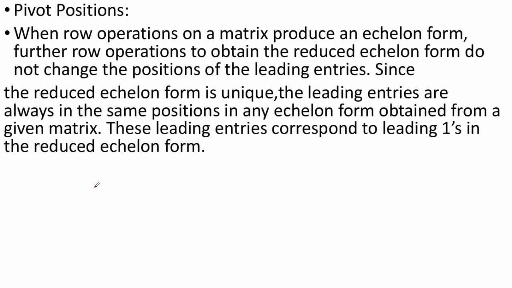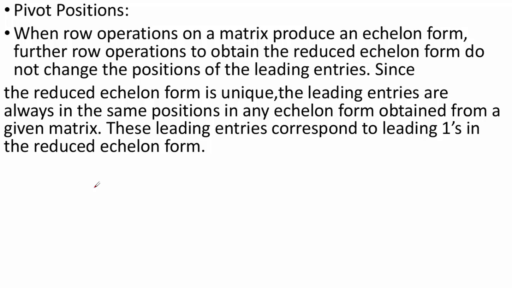Now we will define pivot positions. When row operations on a matrix produce an echelon form, further row operations to obtain the reduced echelon form do not change the position of the leading entries. Since the reduced echelon form is unique, the leading entries are always in the same position in any echelon form obtained from the given matrix.